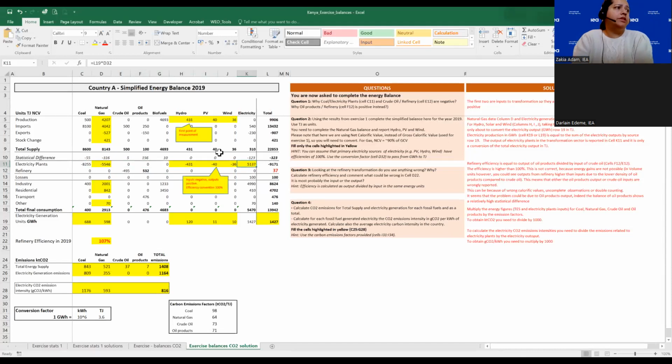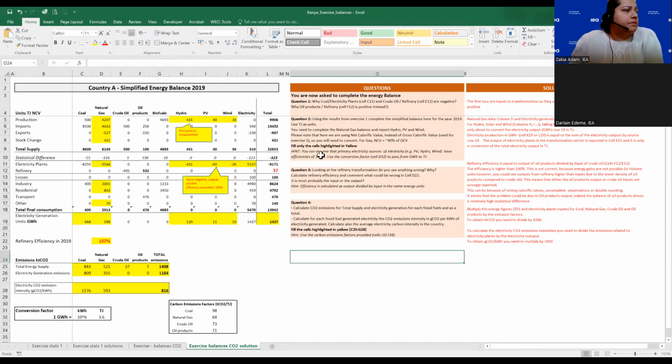So the second question is, using the results from the first exercise, complete the simplified balance for 2019. Use terajoule as units. So you need to fill out natural gas here, as well as hydro, wind, and electricity.